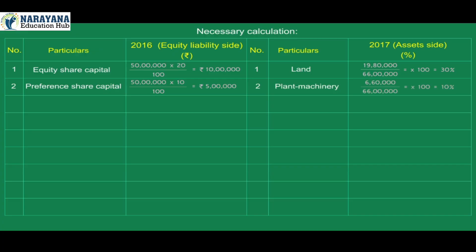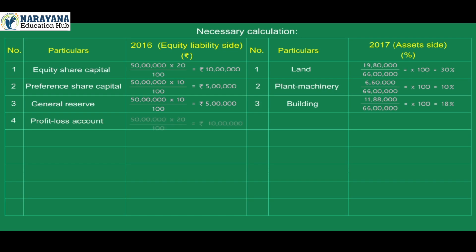Plant and machinery, 6 lakh 60,000 divided by 66 lakh into 100 is equal to 10%. 3. General reserve, 50 lakh into 10 divided by 100 is equal to rupees 5 lakh. 3. Building, 11 lakh 88,000 divided by 66 lakh into 100 is equal to 18%.